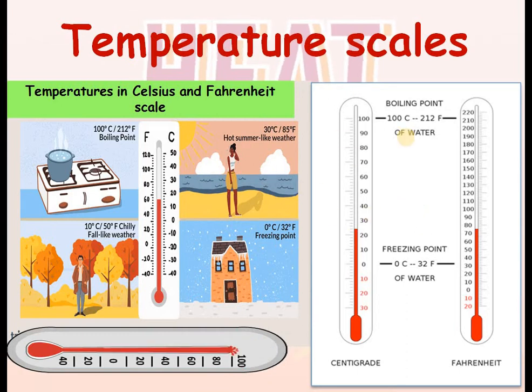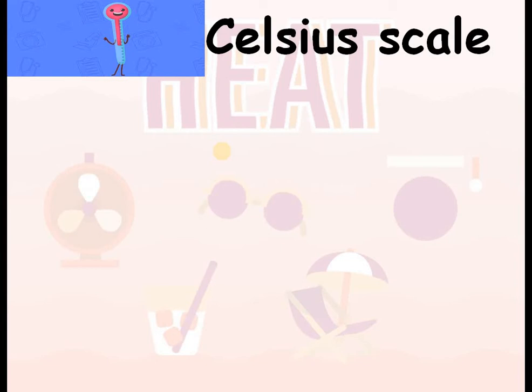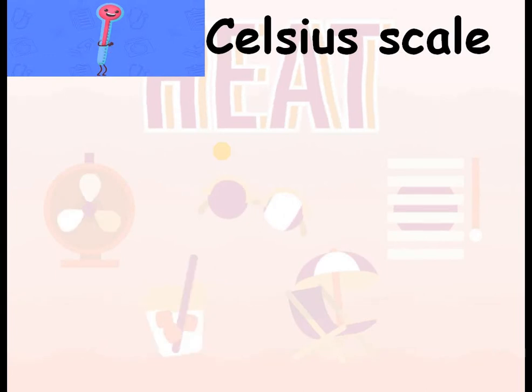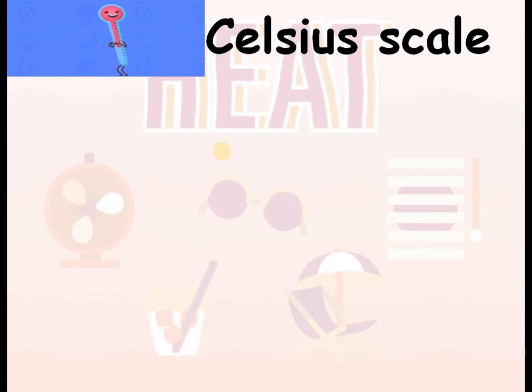Like, 1 kilometer is equal to 1000 meter on meter scale. Similar is the case with the temperature scales. Now, since I told you that Celsius scale is the most commonly used scale, we are going to study about that.